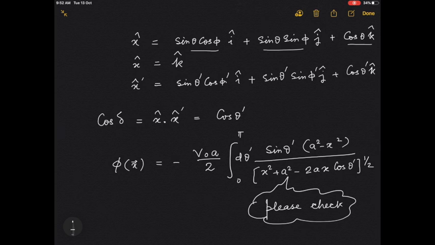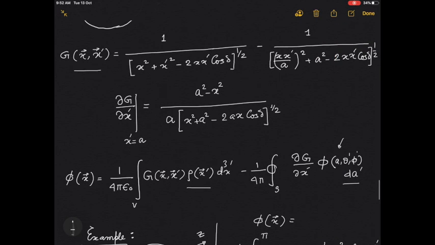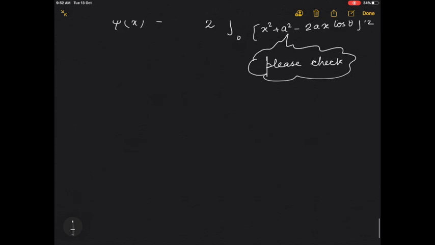And also do the integral. If you do the integral, you will see this will come out to be something very familiar. That I will not do, but I just wanted to demonstrate to you how this works. In this particular case, all the contribution came from the surface term, as there was no charge inside the volume of concern, that is the exterior volume.